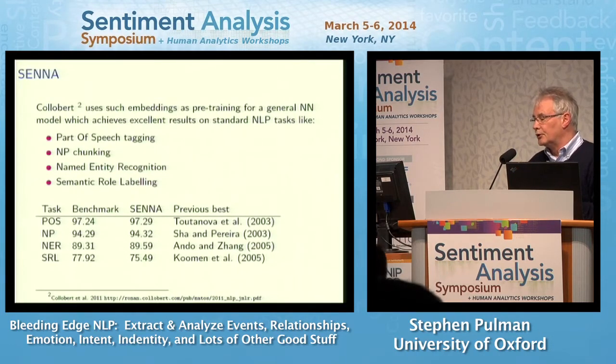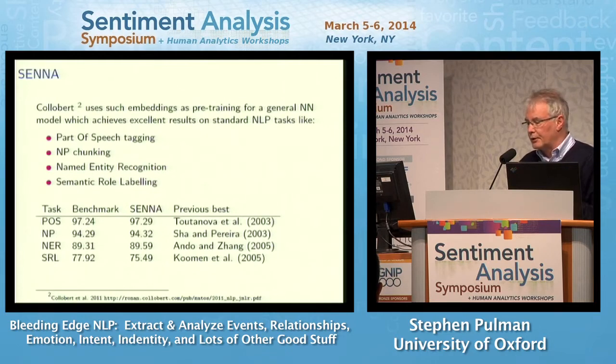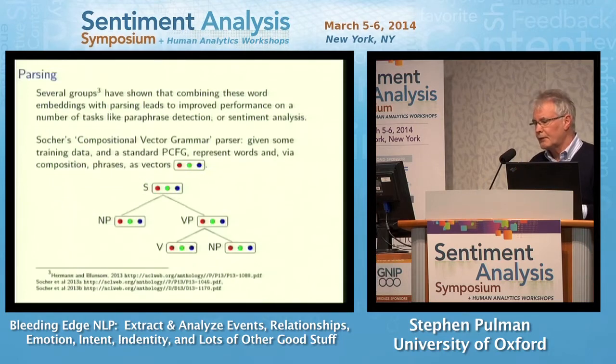So we creep up a tiny bit on part of speech tagging, a tiny bit on chunking, a bit on named entity, goes down a bit on semantic role labeling, which is actually a much more difficult task, and one which is in some sense much less local than the others.